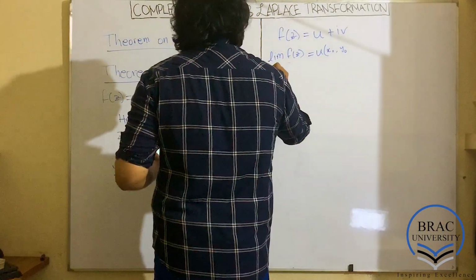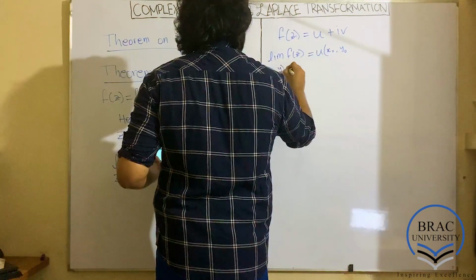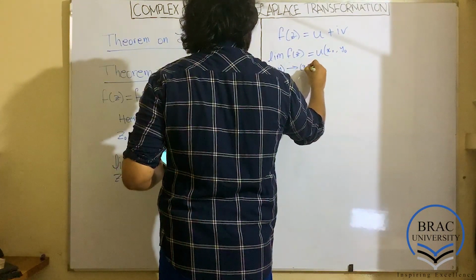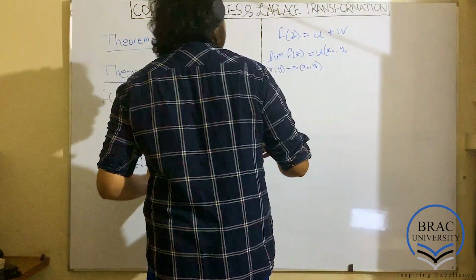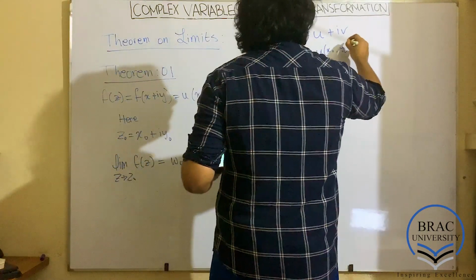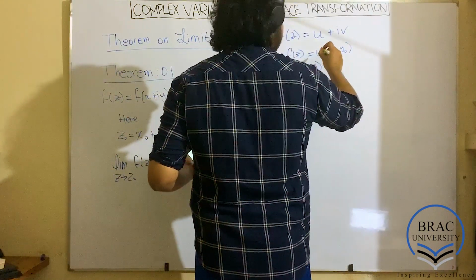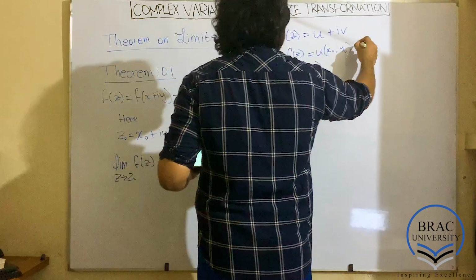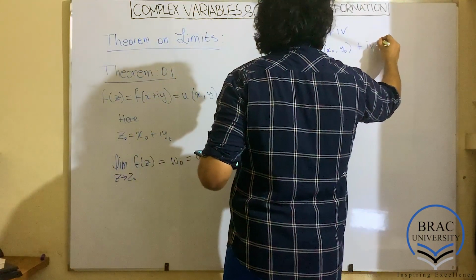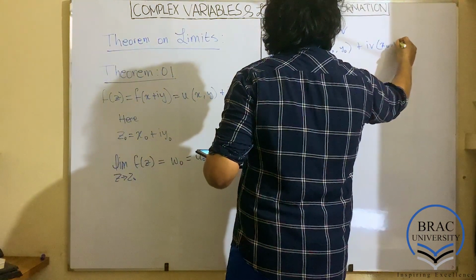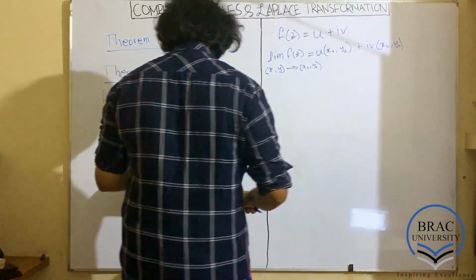Here, x comma y are being taken to the limit x naught comma y naught. Therefore, your u becomes a function of x naught y naught, and your imaginary part i v becomes a function of x naught y naught as well.